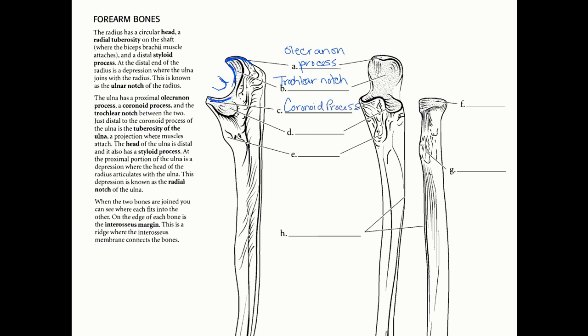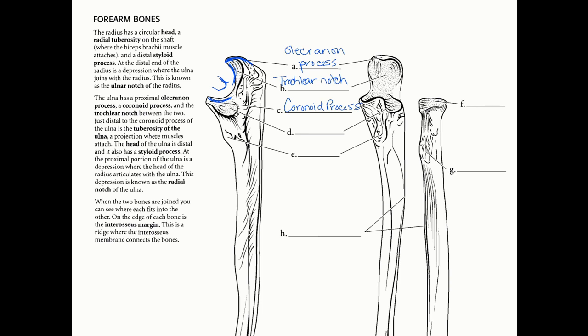Not to be confused with the coronoid of the mandible. I know that is a bit confusing, but we're talking about the coronoid process of the ulna that is going to fit into the coronoid fossa of the humerus.